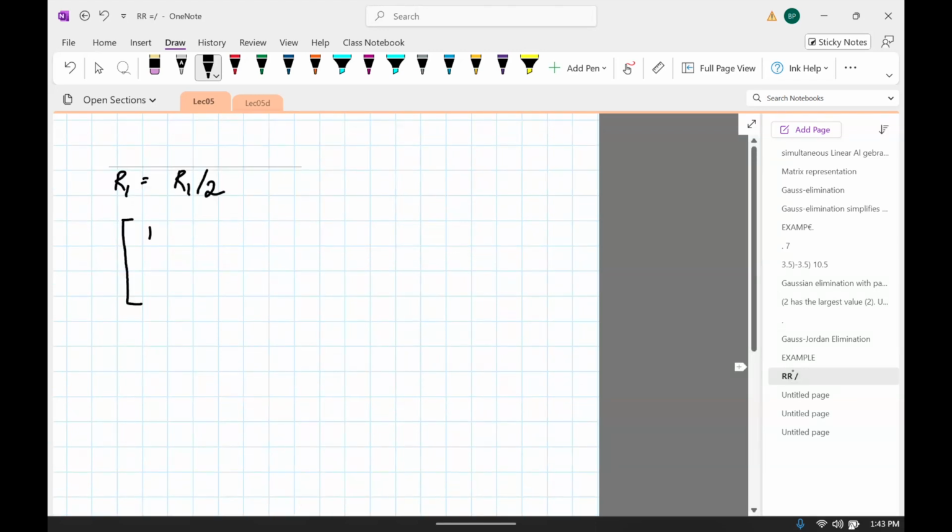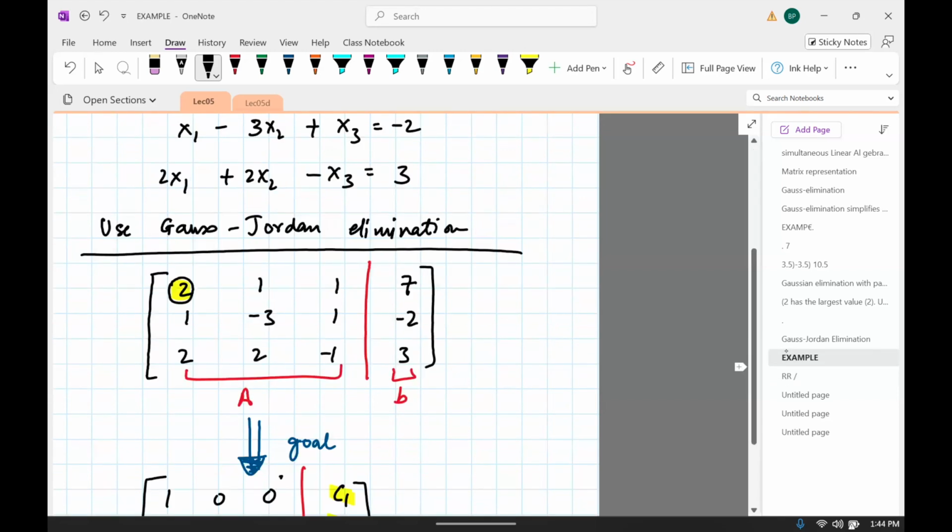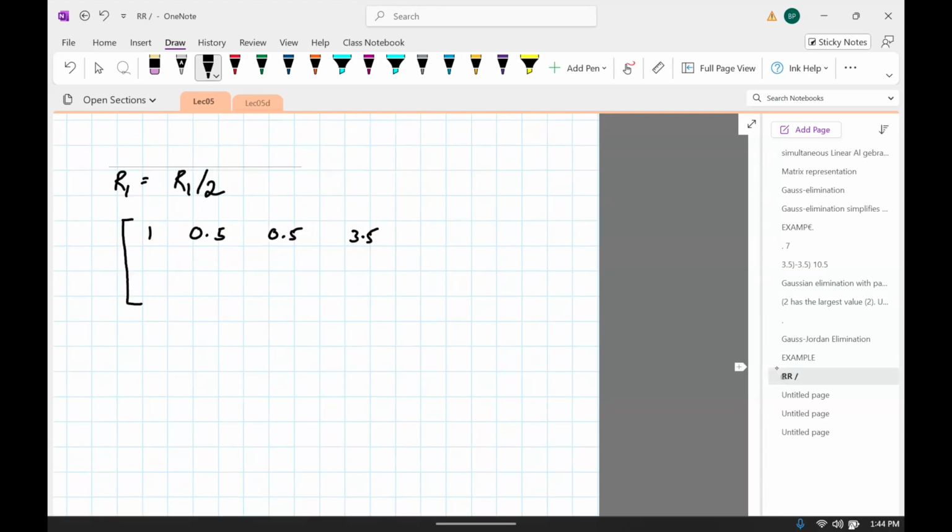So 1, 0.5, 0.5, and 7 divided by 2, so 3.5. Everything else is untouched. So I write row 2 and row 3 as is. So we have 1, -3, 1, -2, 2, 2, -1, and 3.